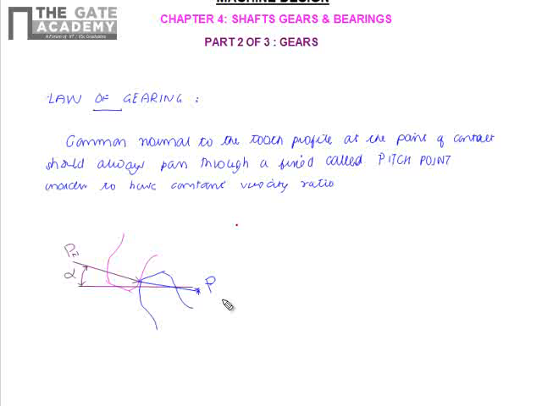The line through which the contact takes place is called the pressure line, and the angle made by the pressure line with the horizontal is called the pressure angle. Alpha here will be called the pressure angle.